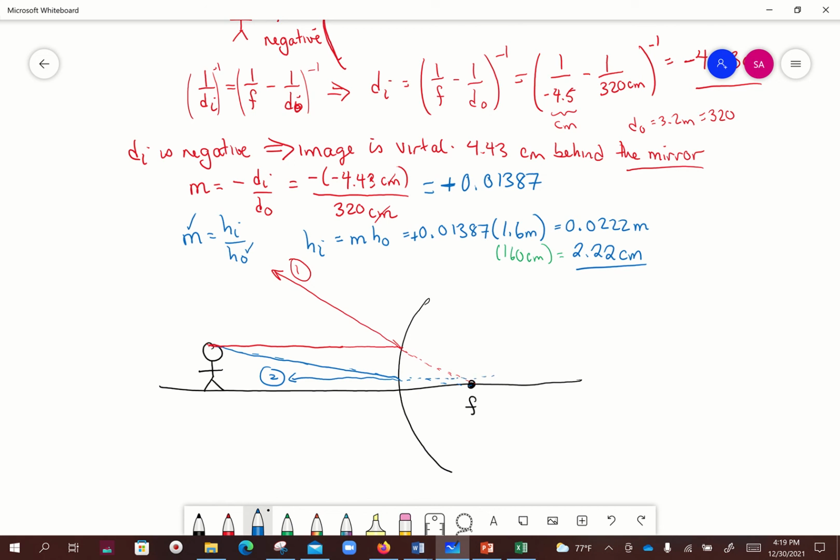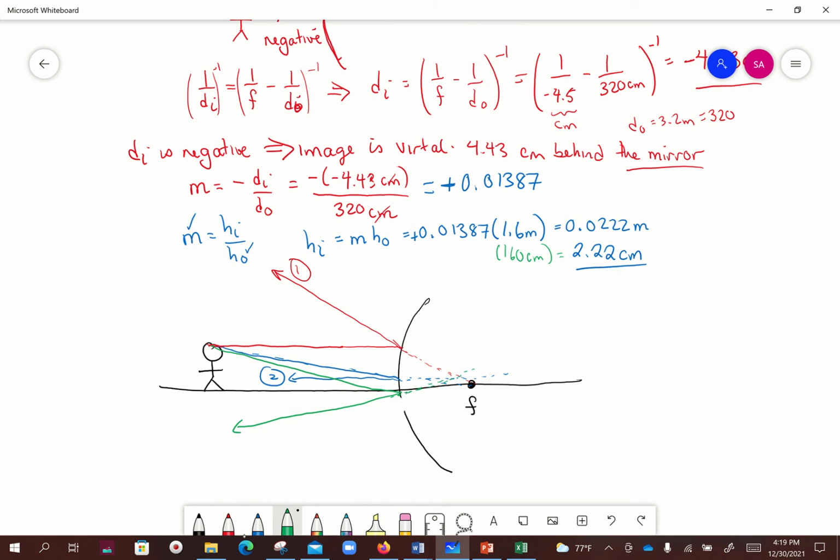And I'm going to extend that backwards. All right. And ray number 3 hits the mirror at the center and then bounces back symmetrically. That's another easy one to do. So I need to go back at the same angle that it came in at, and I extrapolate it backwards.